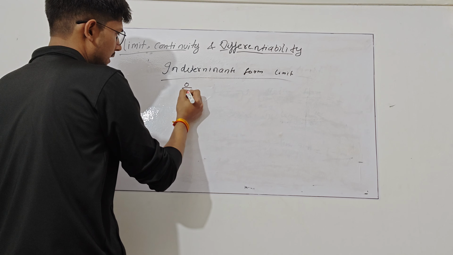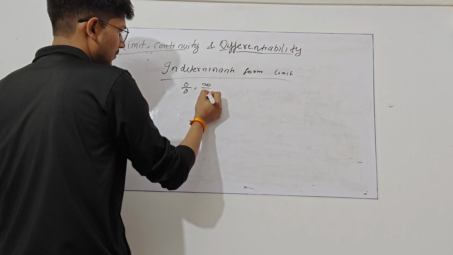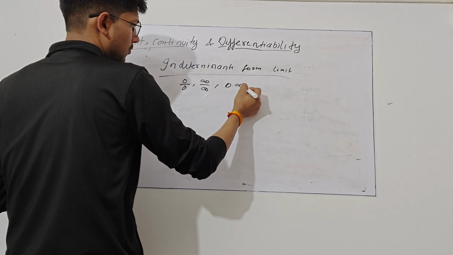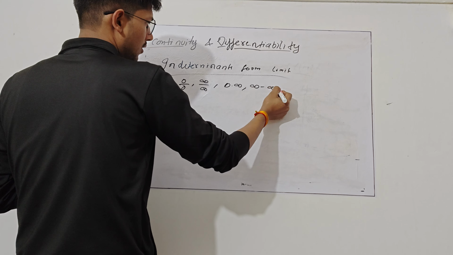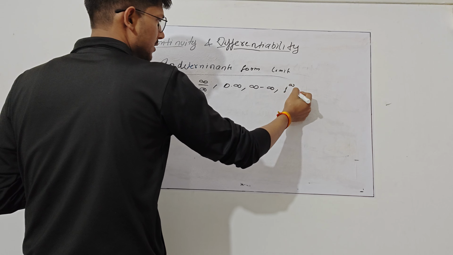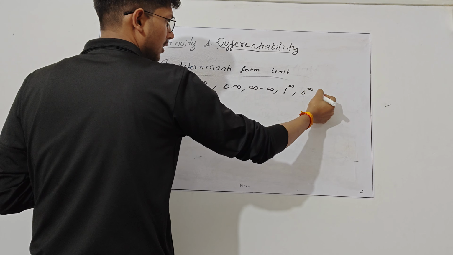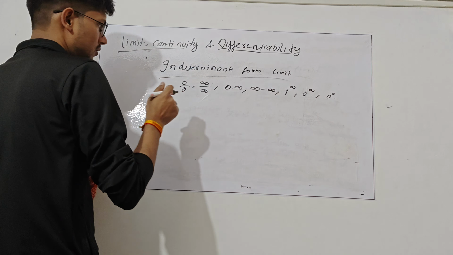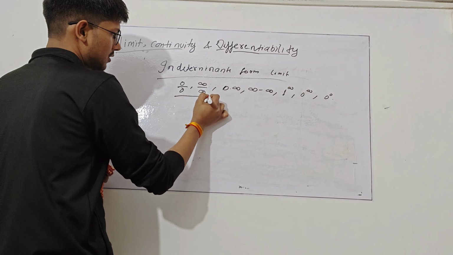First is 0 by 0, second is infinite by infinite, third is 0 into infinite, fourth is infinite minus infinite, fifth is 1 to the power infinite, sixth is 0 power infinite, and seventh is 0 power 0. So first we study these two.